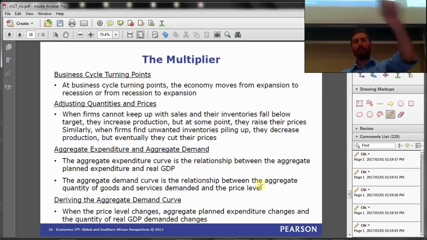So our discussion up to this point has been with a fixed price. Our conversation now moves to asking, what happens if we no longer assume that prices are fixed? Is our model able to take into account this additional factor? So the multiplier, what are we referring to? The relationship between the change in autonomous expenditure and the change in output.